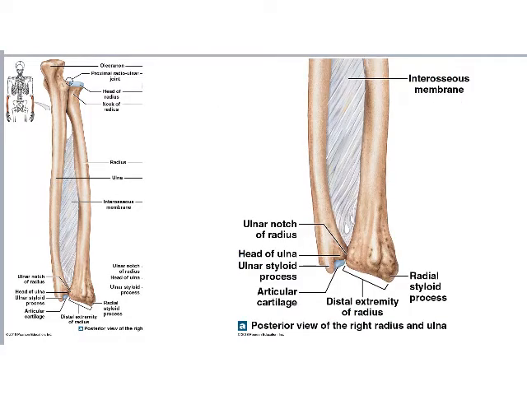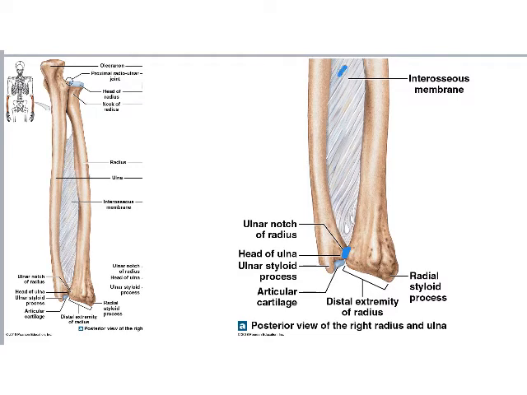Keep going down posteriorly, going down inferiorly, still in the posterior view. As we go inferior down towards the wrist, we will find another joint in this area. So that's going to be the distal radial ulnar joint.